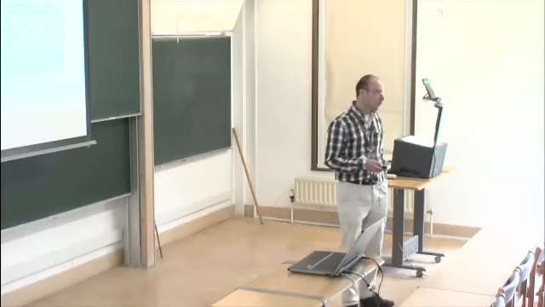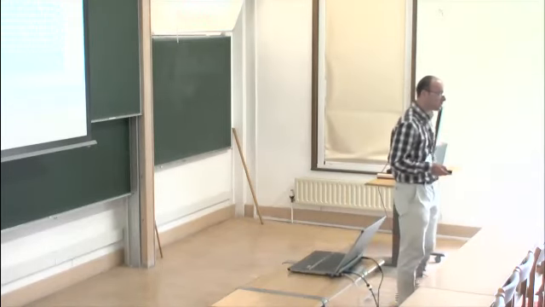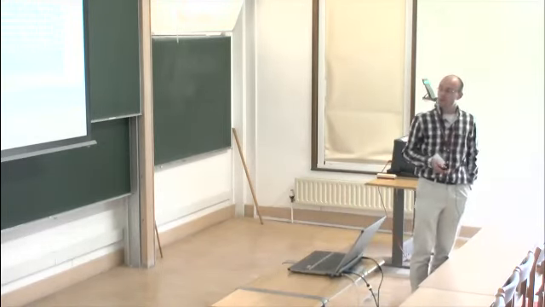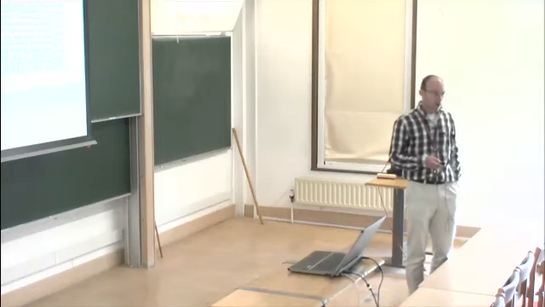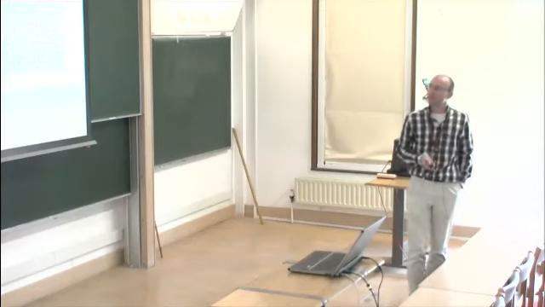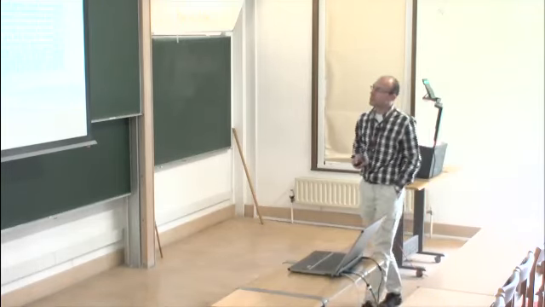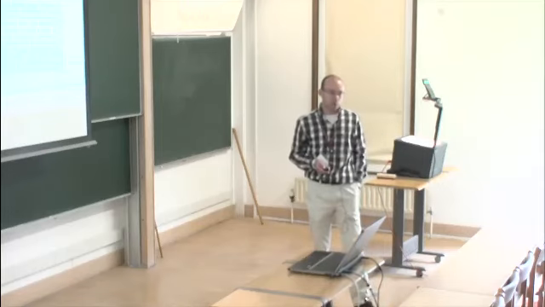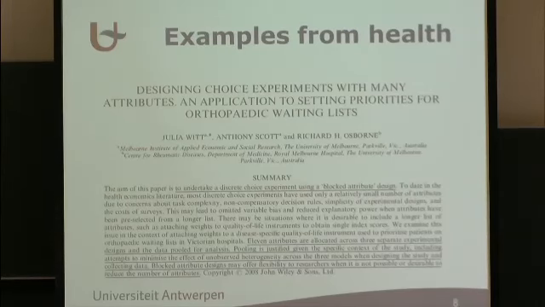Now, this partial profile idea is not only relevant in marketing when you, for example, want to figure out what output display people like for their software programs, but it is also important for discrete choice experiments in health. What you see here is a screenshot of a paper by Julia Witt and co-authors from the University of Melbourne.